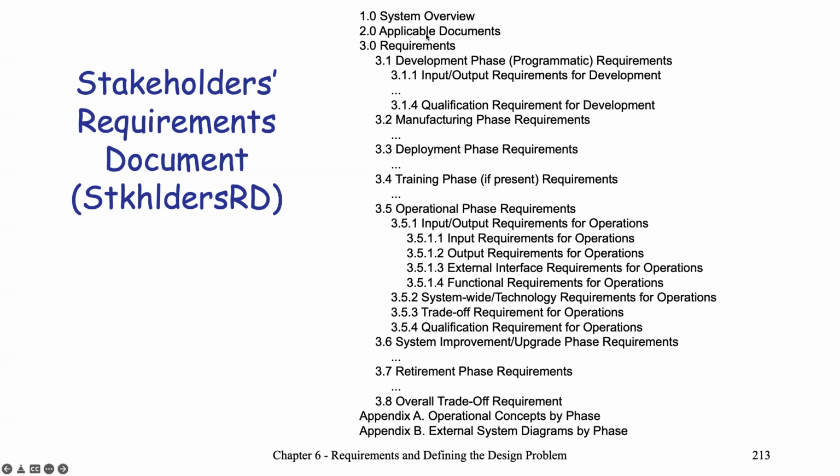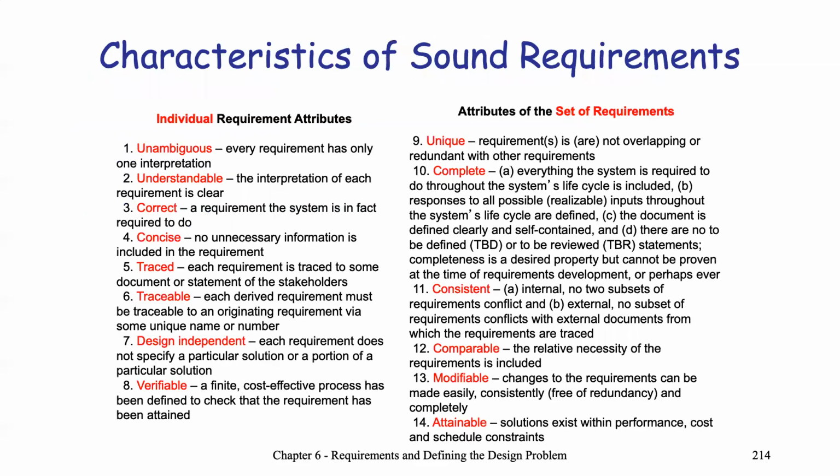An overview, the applicable documents, and so these are a rough general flow of how a document would go. Section 3 would be the details of the requirements, maybe organized by phase, and that's how we're showing it here. And then the appendices that you might need for additional information that may not be so focused on the details of requirements, but is useful information to help give some orientation.